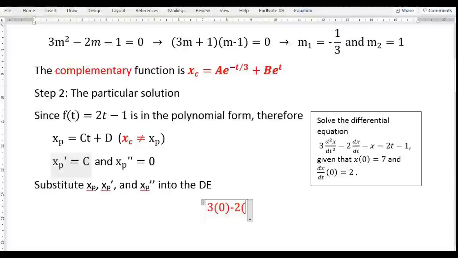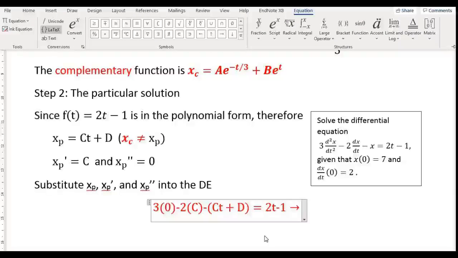So x prime is only c, minus x. So x is ct plus d, is equivalent to 2t minus 1.